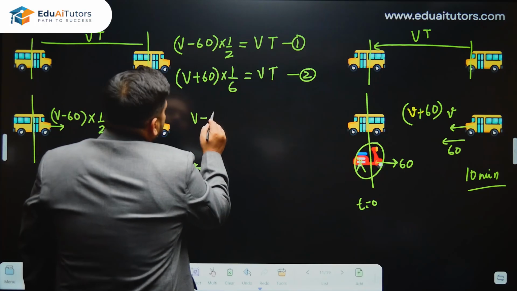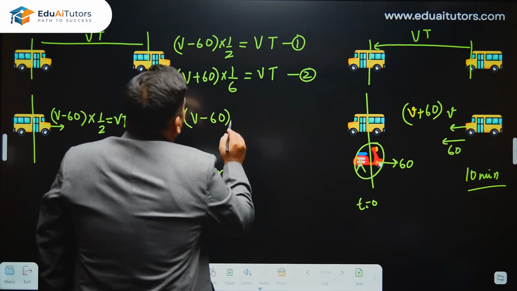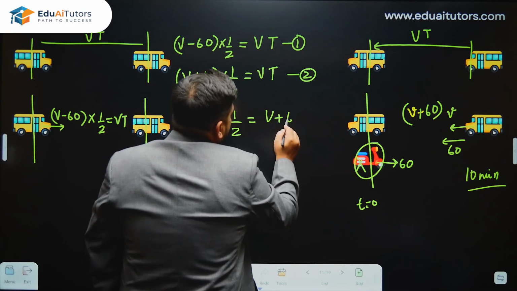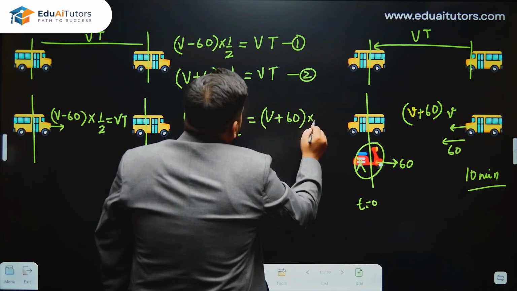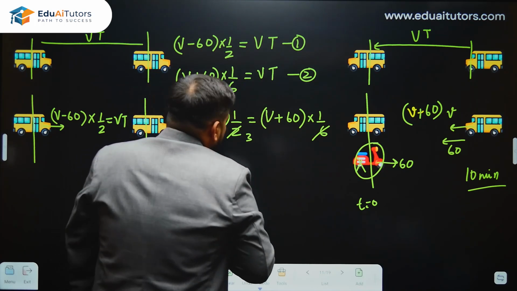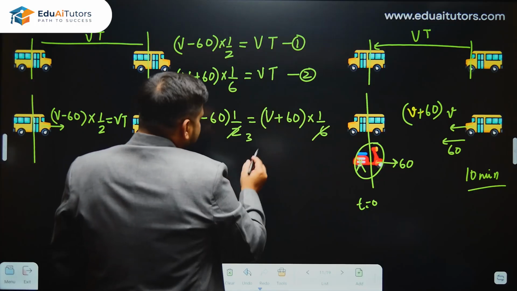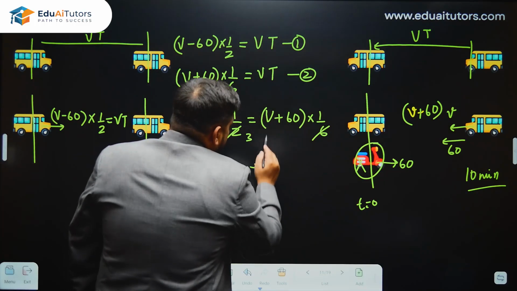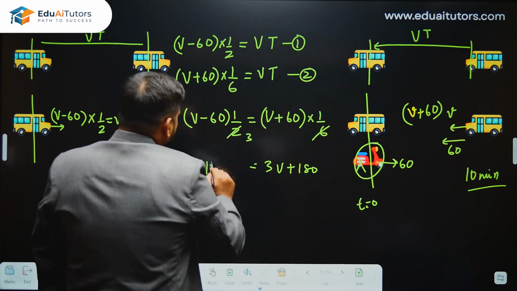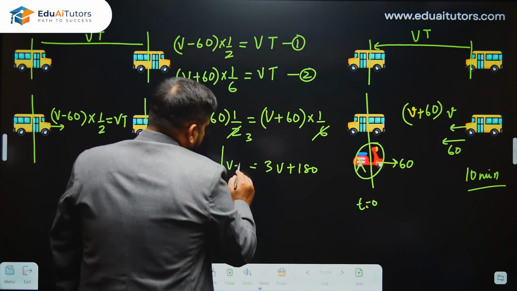I get V minus 60 into 1/2 is equal to V plus 60 times 1/6. This goes 3 times, and we can write this as 3V minus 180 is equal to V plus 60.